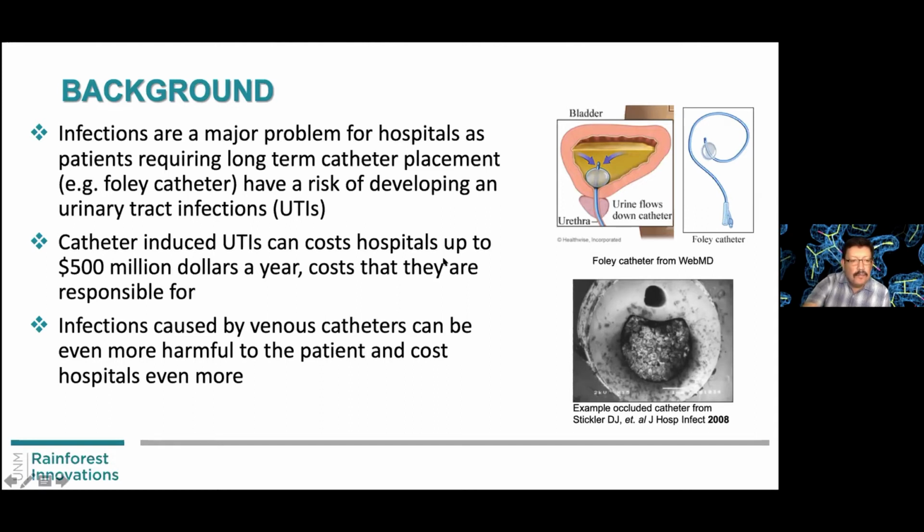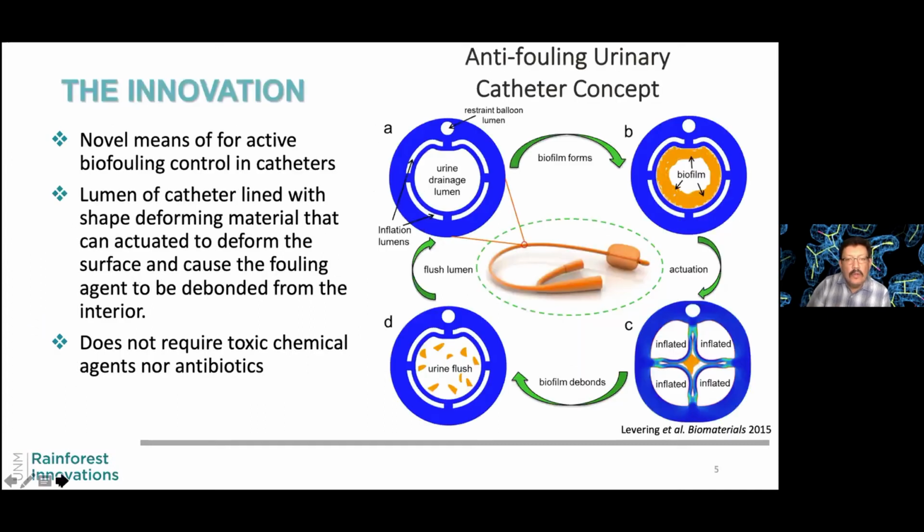Given that we discovered this phenomenon by which deformation of a surface can lead to dislodging of the biofilm, we had the idea to develop a Foley catheter with more than just the two lumens, but additionally some what we call inflation lumens at the periphery of the urine drainage lumen.